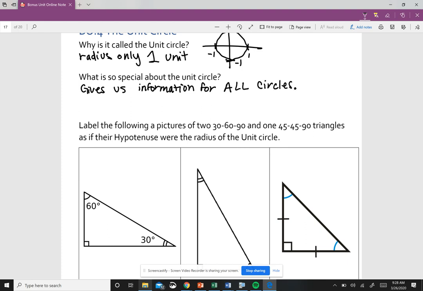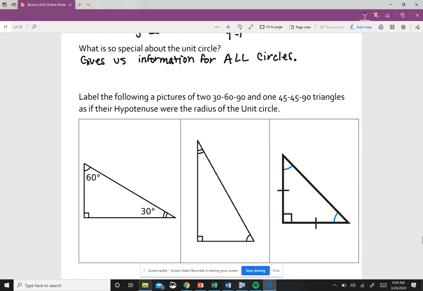The reason for this is all circles are just scaled versions of the unit circle. So if it has a radius of 2, it was scaled by 2. If it has a radius of 1/2, it was scaled by 1/2. Because all circles are similar to each other, all we need is that scale factor, and all of a sudden we can find all those things. It's very similar to what we were doing last week when we were finding the trig values, the points.